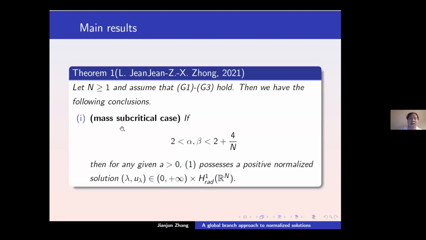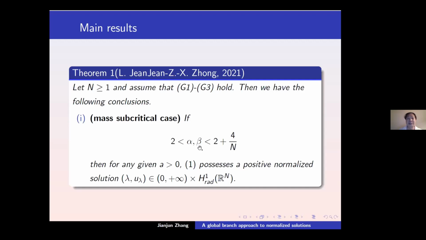First, in the mass subcritical case, if alpha and beta are between 2 and the critical exponent, we can show that for any given A positive, our problem always has a positive normalized solution.